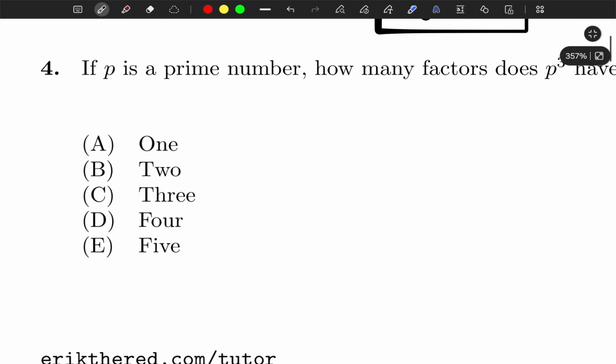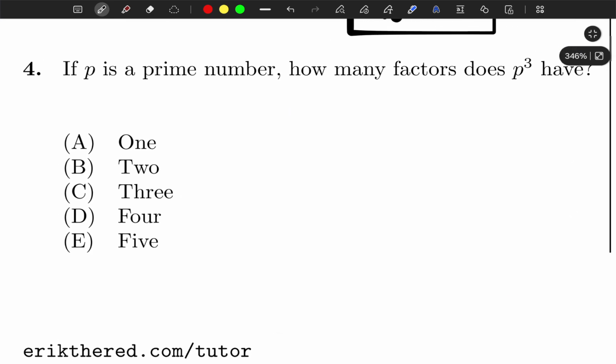Alright, next question. If p is a prime number, how many factors does p raised to 3 have? Okay, I want you to take a guess over here. This kind of question is very easy to solve if you know the trick behind it, which is whenever you're finding the factors of any variable raised to a power, so let's say it's raised to 100, and you need to find how many factors it has, all you need to do is this number plus 1.